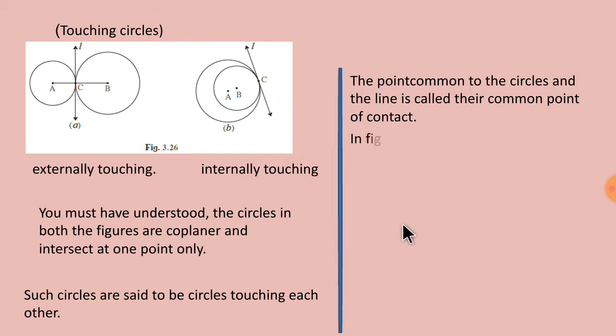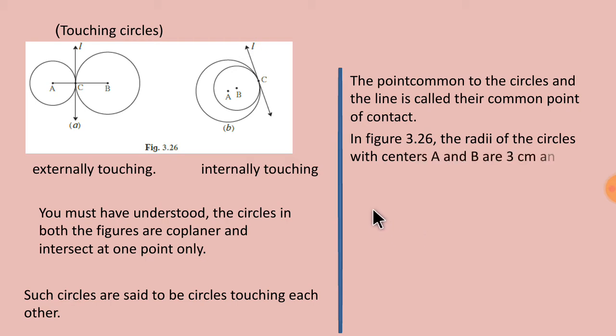Now in figure 3.26, means in this figure the radii of the circles with center A and B are 3 cm and 4 cm respectively. Then find. Means the radius of the small circle is 3 and the radius of this large circle is 4.